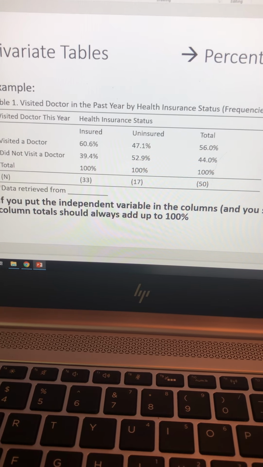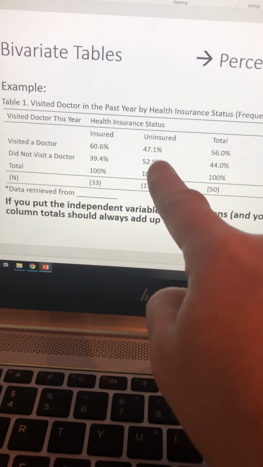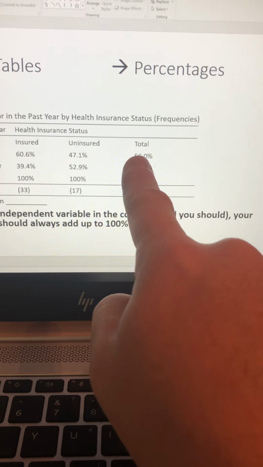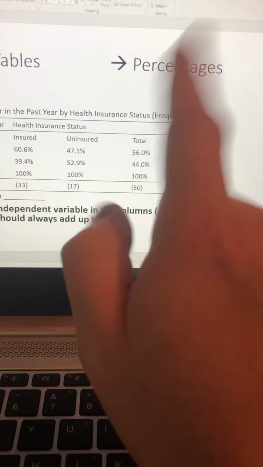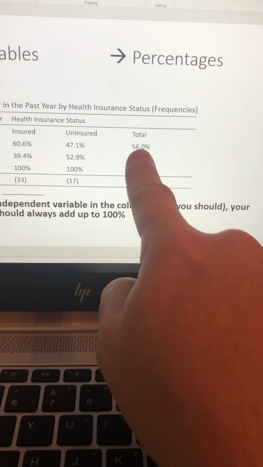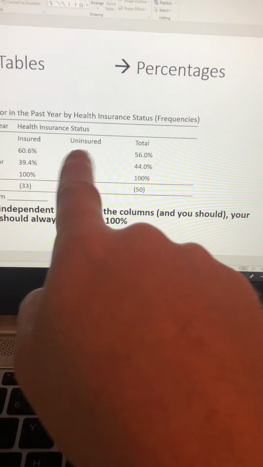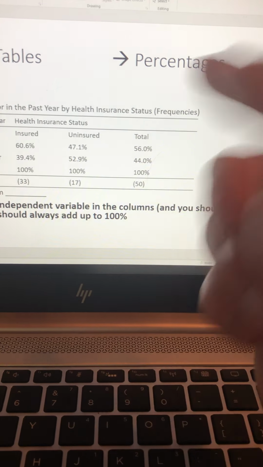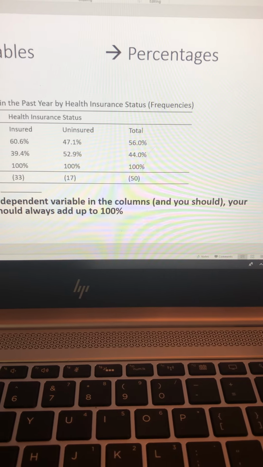I just wanted to show you where they were coming from. So a little bit more of an even breakdown, and then the row marginals tell us that all this says is that 56% of the people in our sample, so 56 out of the 50, visited a doctor, 44% did not.